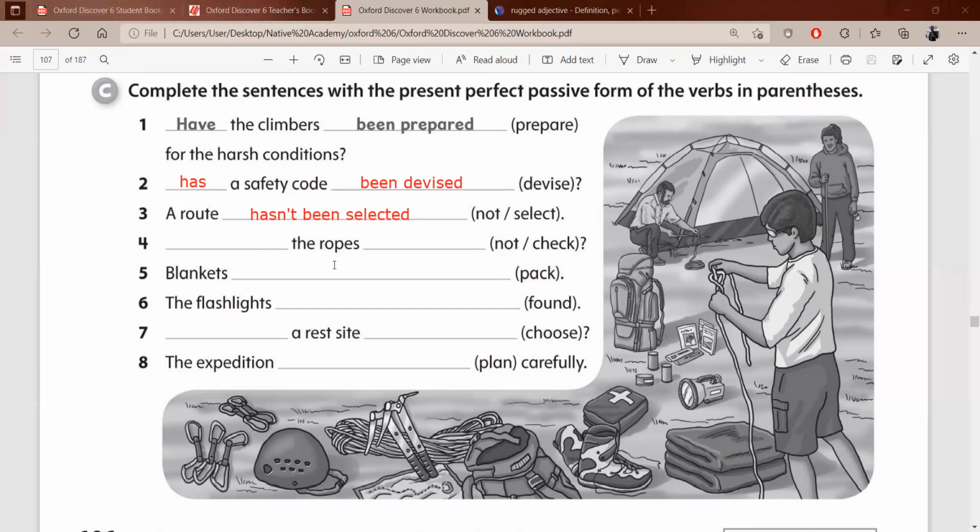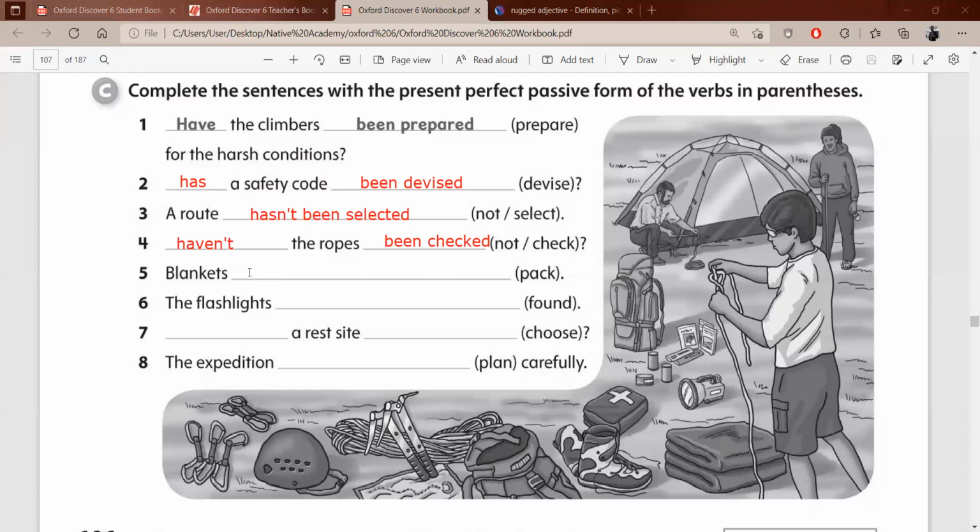Haven't the ropes been checked? Yes, haven't the ropes been checked. Of course. Number 5.